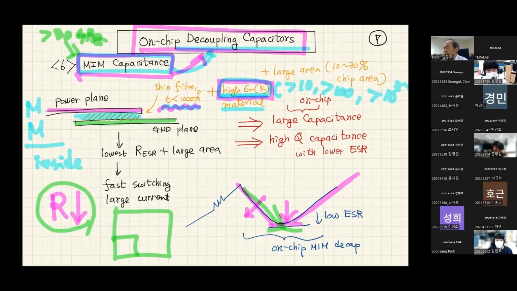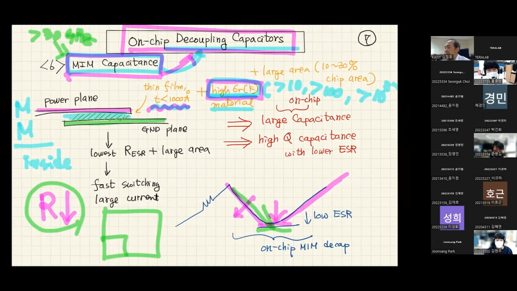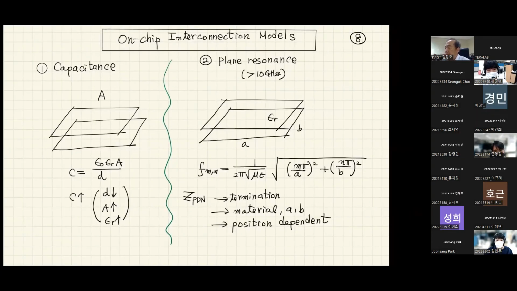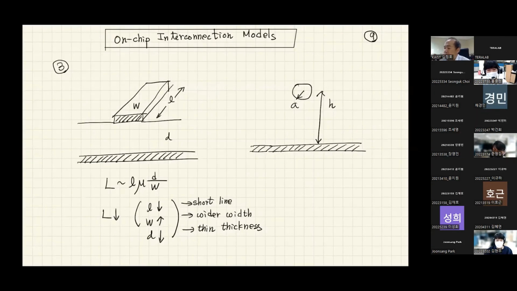So inside the chip, you still have to design in a hierarchical way. I told you that eventually inductance will determine the impedance at a very high frequency range. So I would like to talk a little bit about the inductance.